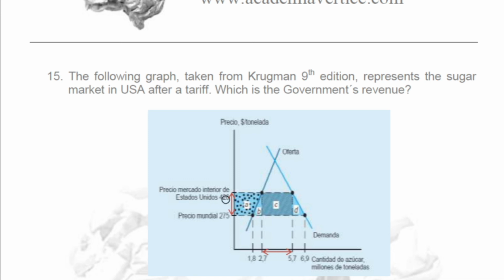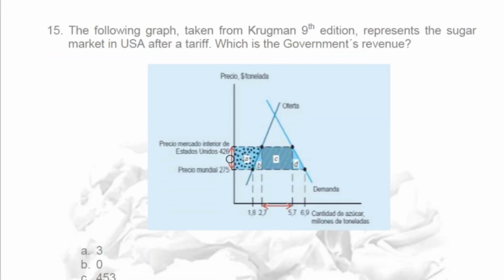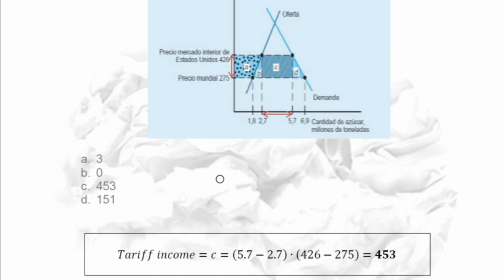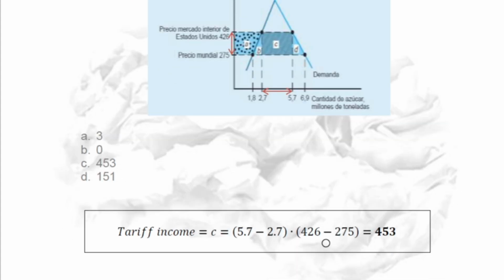So the tariff should be 426 minus 275, so 151, and C is the area of the government revenue. So 3 units are imported, and for each unit imported, the tariff is 151.